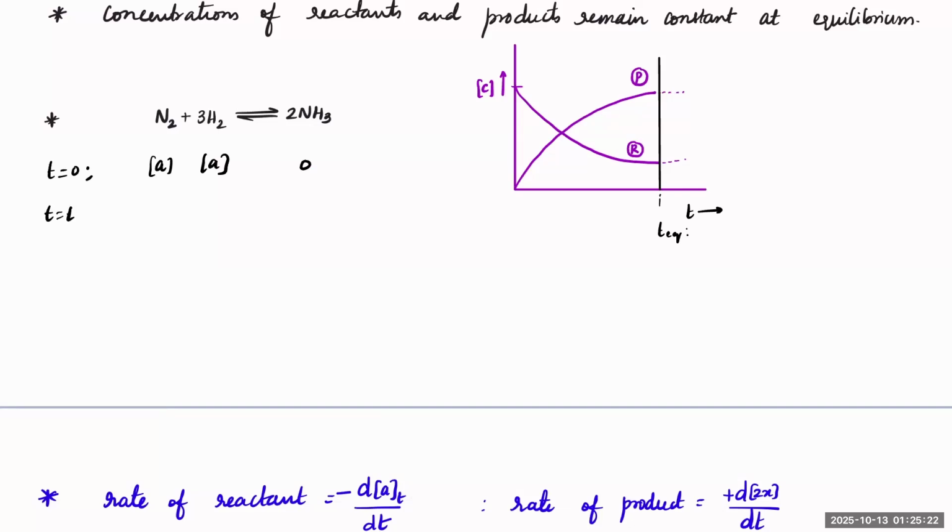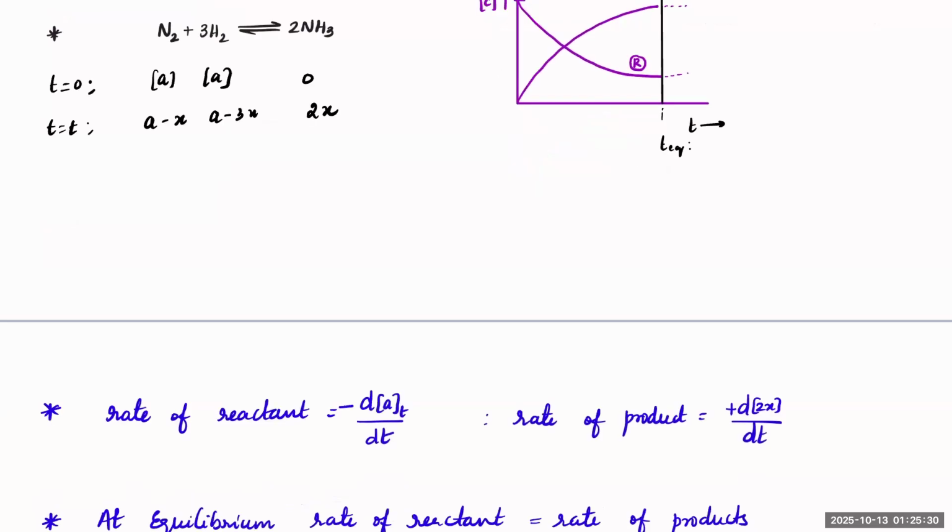At T equal to T, that means a minus x, and this will be a minus 3x, and this will be 2x. Got it? So this represents how many moles of nitrogen have been consumed with hydrogen to produce ammonia.